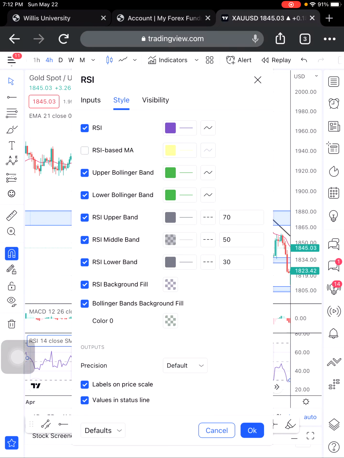Just the RSI I need. Bollinger Band, I don't need you. Lower band, upper bands, middle, I don't need you. RSI background, okay. Now Bollinger Band, auto fee. Now visibility.